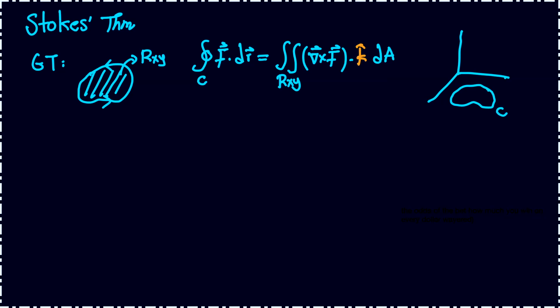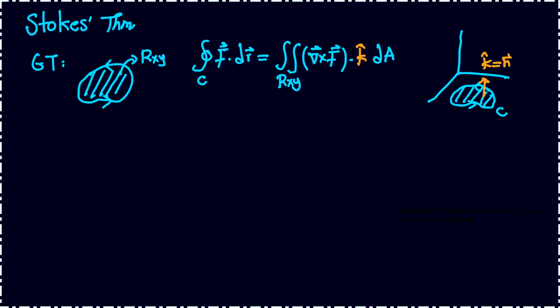Again, here is the same curve, positively oriented, and k hat happens to be normal to the region, which is in this case the vector 0, 0, 1.